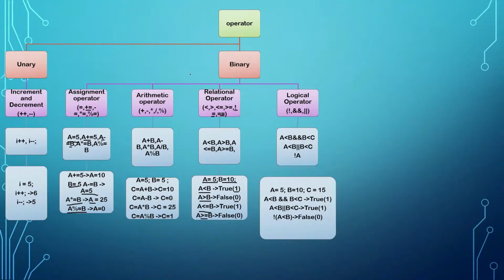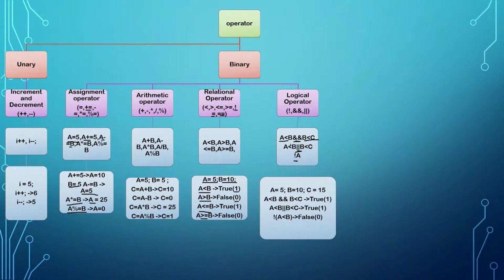But here it compares two conditions, two expressions. A less than B is one condition and B less than C is another condition. We are going to compare the two conditions. This is the AND operator, this is the OR operator, and this is the NOT operator.